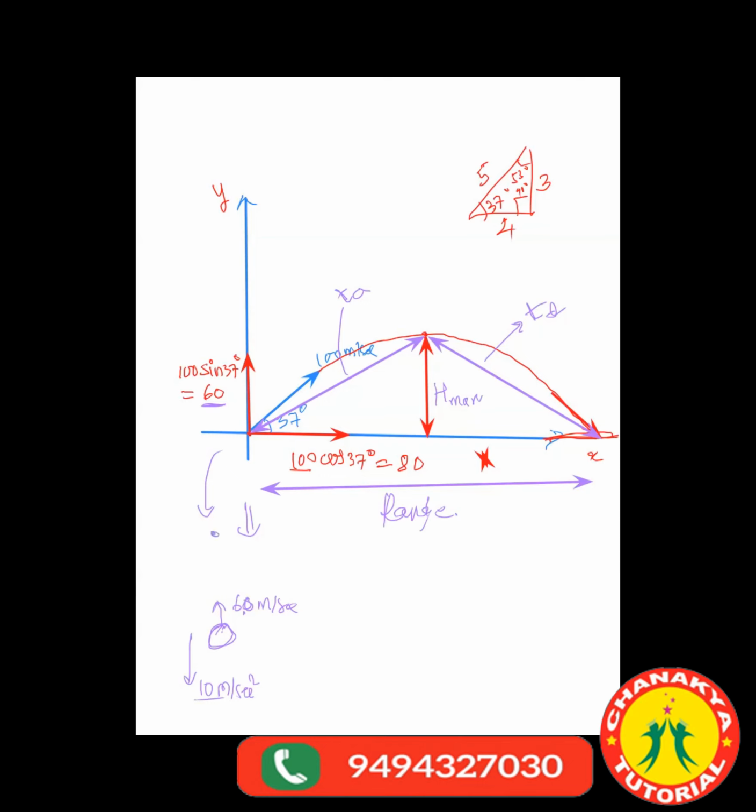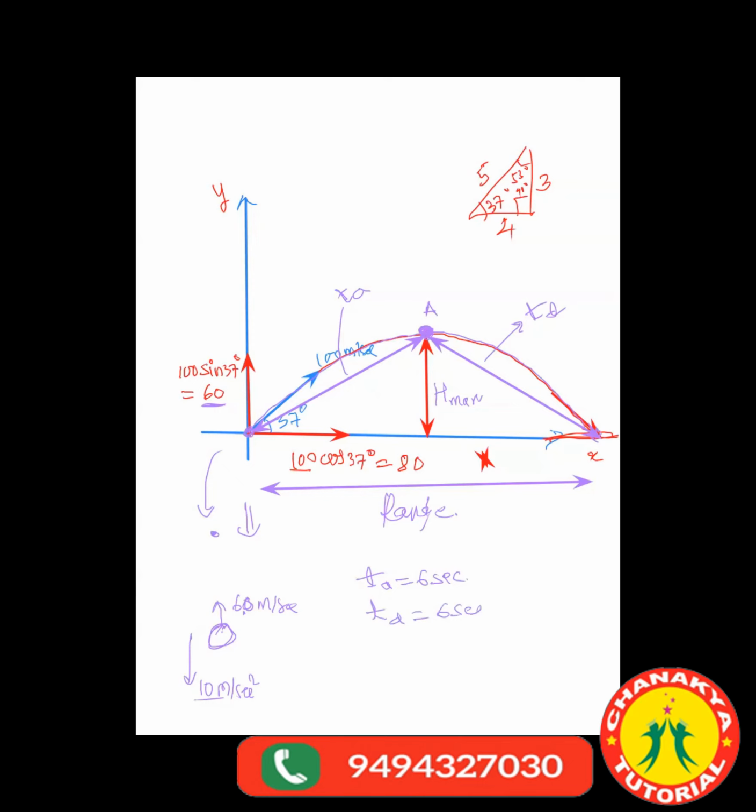So hence you can say that this particle which is moving here in this projectile motion will take 6 seconds to reach this topmost point, let's say A. Therefore my answer is time of ascent is 6 seconds. No need to memorize any formula. Similarly, by symmetry, to reach from A to the ground, it will again take the same time, 6 seconds.